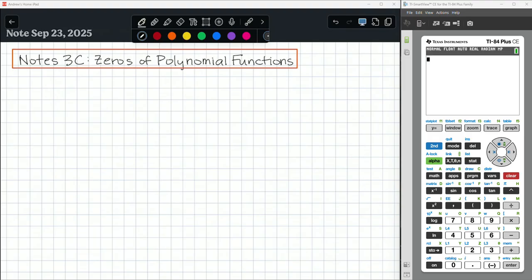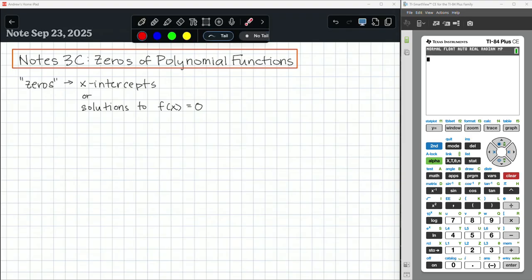Remember that when we talk about zeros of polynomials, what we're talking about are x-intercepts. So what we are looking for are the x-intercepts of our polynomial function, or we're looking for solutions to the equation f of x equals 0.